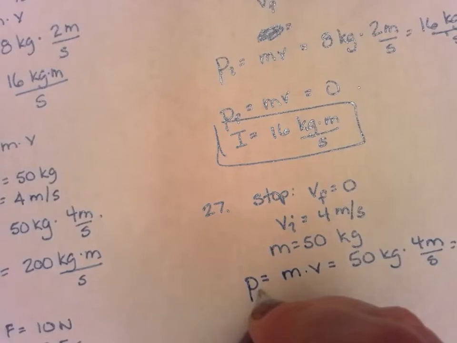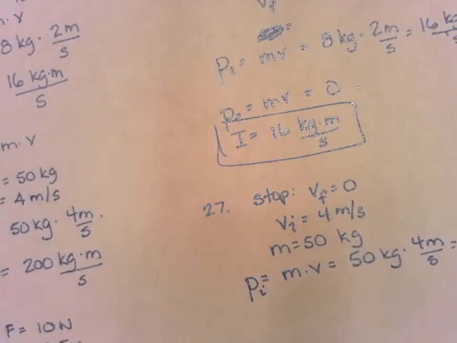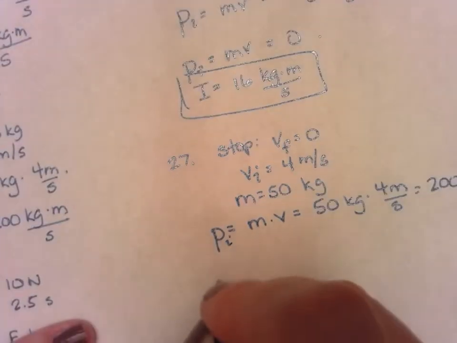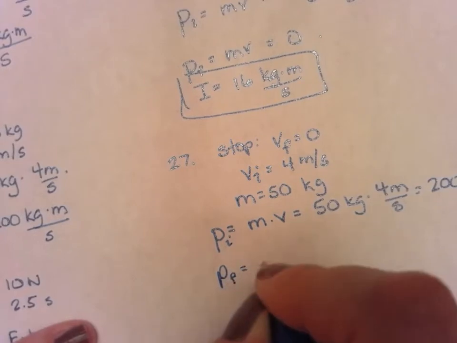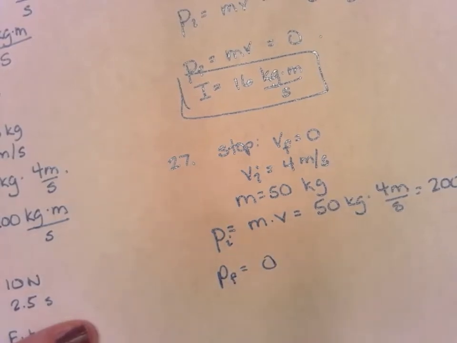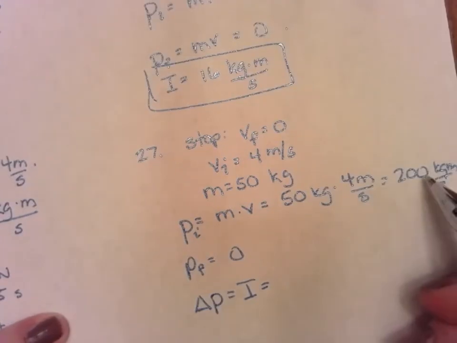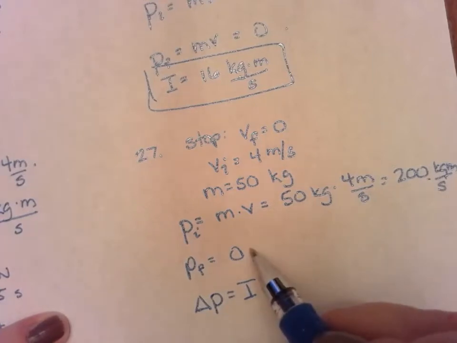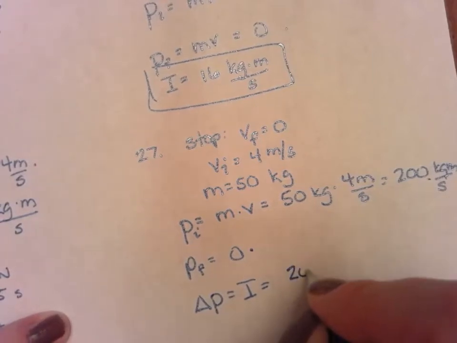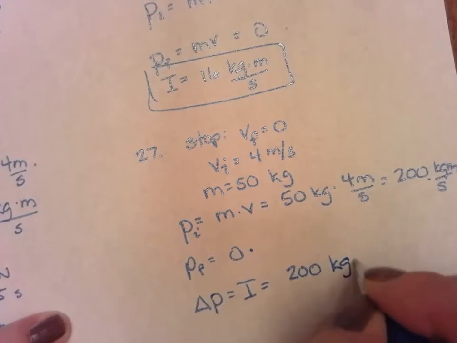And that is my initial momentum. My final momentum is equal to 0 because it has stopped. My change in momentum is equal to the impulse, which is the initial minus the final, so it's equal to 200 kilogram meters per second.